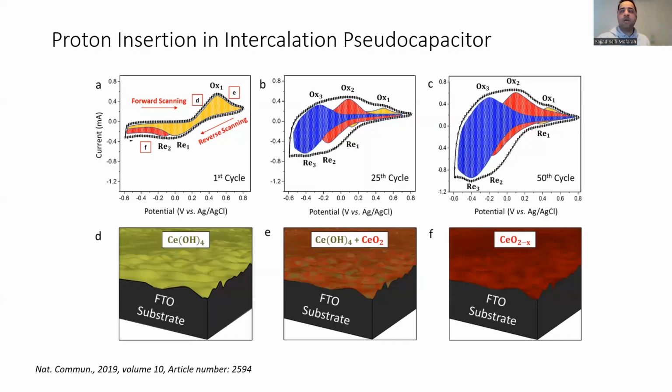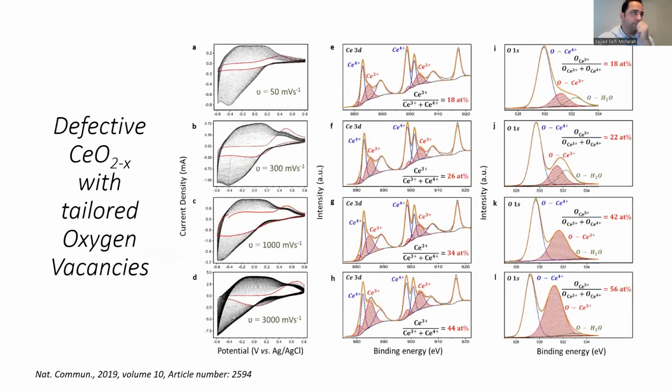So that was the first report of showing redox pseudocapacitance behavior from cerium oxide, and we used proton intercalation and deintercalation in order to get high capacitance. And on this slide, we show how the scan rate can affect the formation of oxygen vacancy, and the concentration of oxygen vacancy forming.